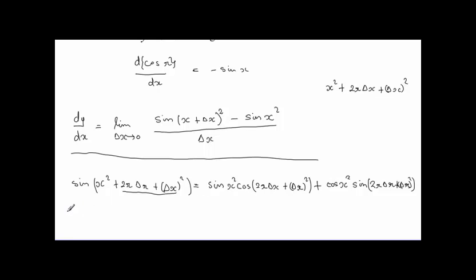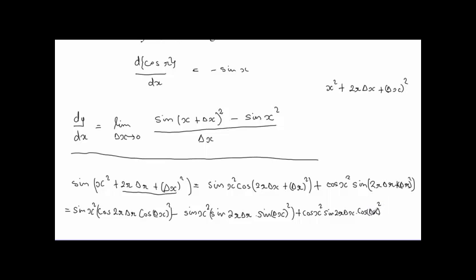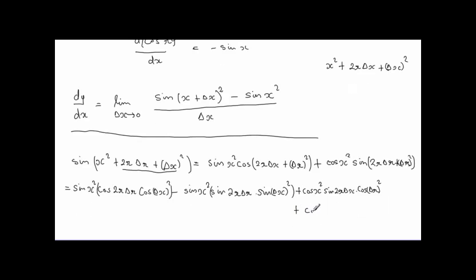Now what we're going to have here is sine x squared cos of 2x delta x cos of delta x squared, minus sine x squared, sine is multiplying this part and multiplying the next part, sine x squared sine 2x delta x sine delta x squared, plus here we're going to have cos x squared multiplied by sine 2x delta x multiplied by cos delta x squared, plus the last term will be cosine x squared multiplied by sine of delta x squared cosine 2x delta x.